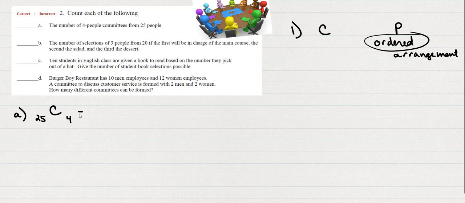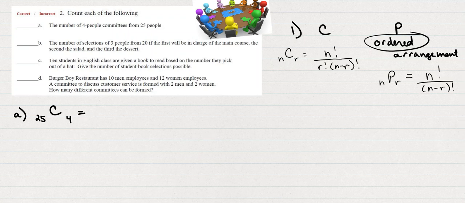So applying the formula, we would have 25 factorial divided by 4 factorial times 21 factorial, so 25 minus 4. And also, did you know you can put that in directly into your scientific calculator?